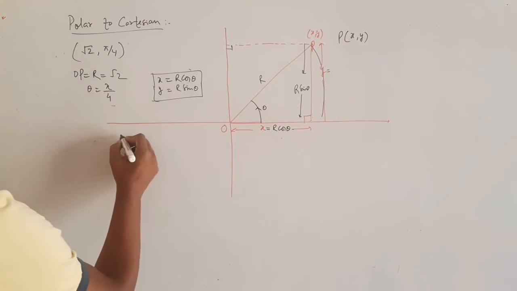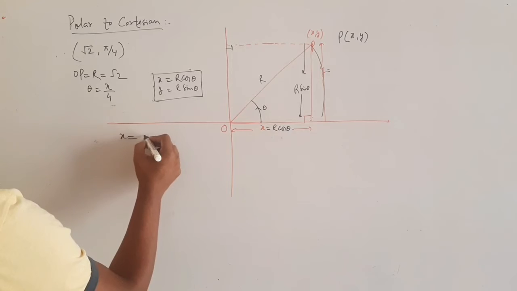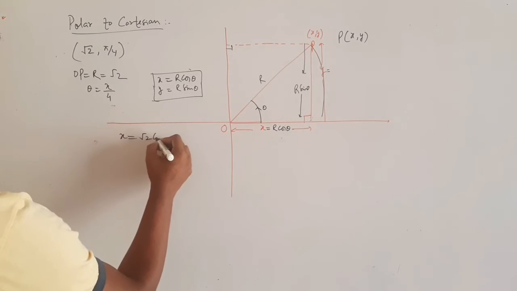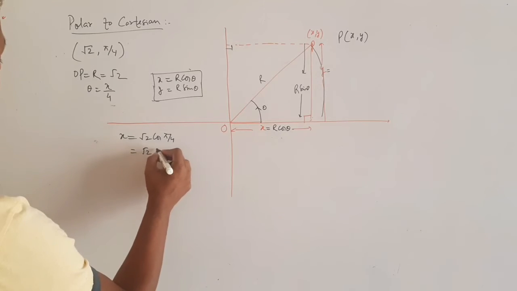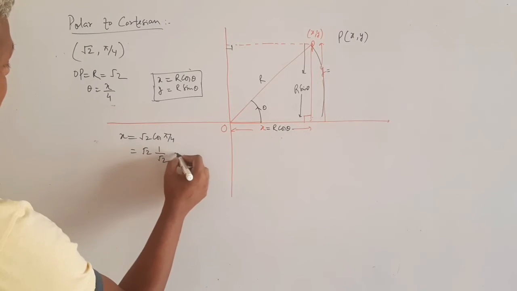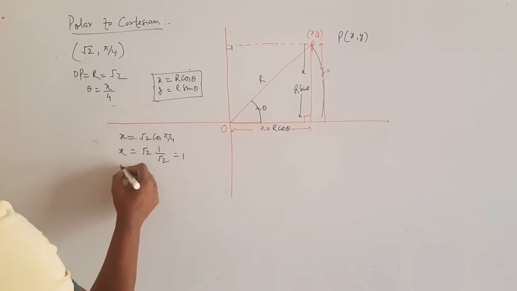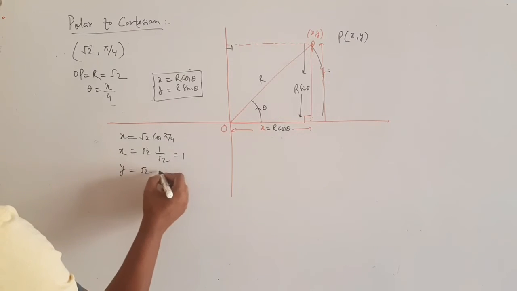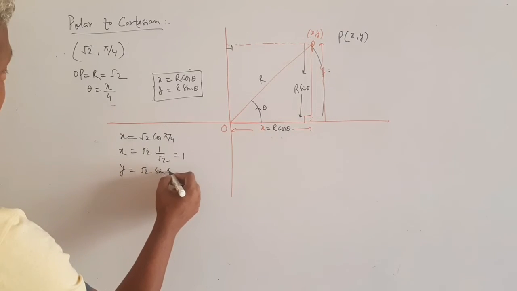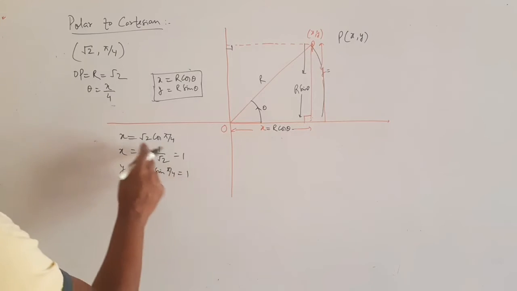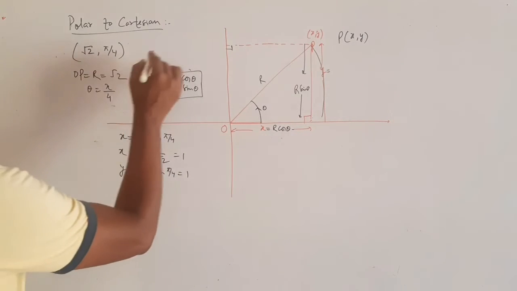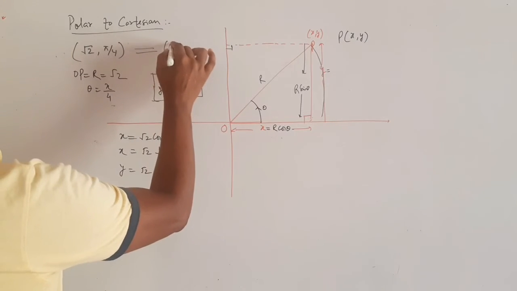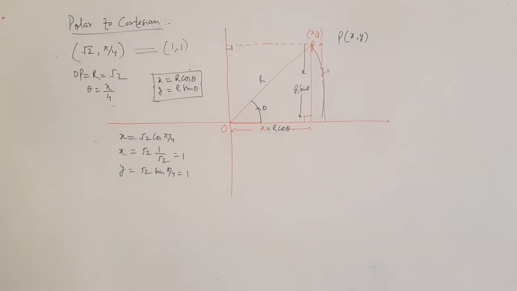See how simple it is. x is root 2 cos pi by 4, that is root 2 times 1 over root 2, that is 1, and y is root 2 sine pi by 4, that is also 1, because cos pi by 4 and sine pi by 4 are the same thing. So this will become 1 comma 1.